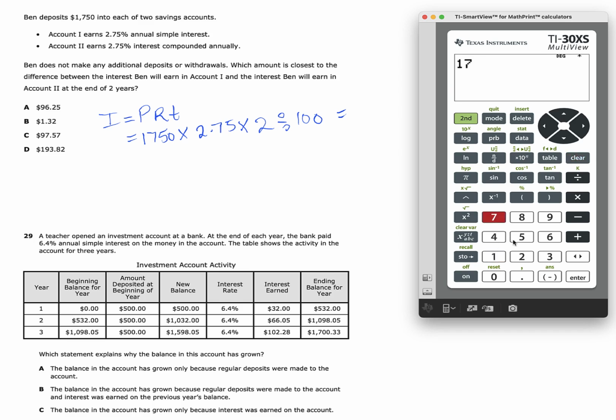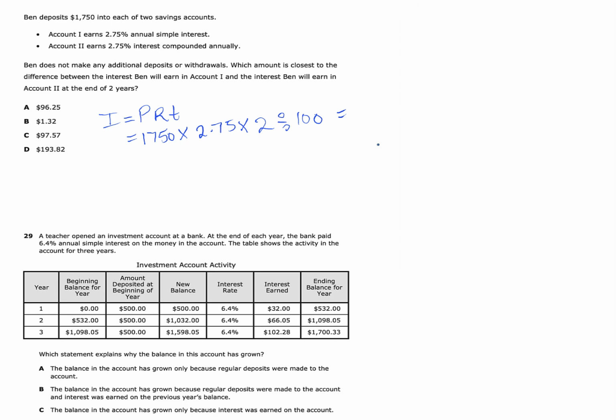So 1750 times 2.75 times 2 and divide by 100. So this is $96.25. And notice that's here as answer A. So that's the interest that you will earn for account number 1.